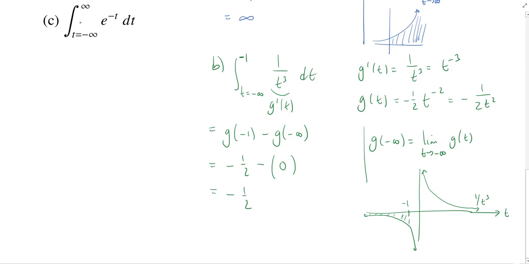So the first thing I'm going to do is just pick some number, any number I want. I'm going to choose 0 because it's kind of the easiest, right? But I could choose anything I like in between. And so I'm going to break this up as an integral from -infinity to 0 plus an integral from 0 to infinity.